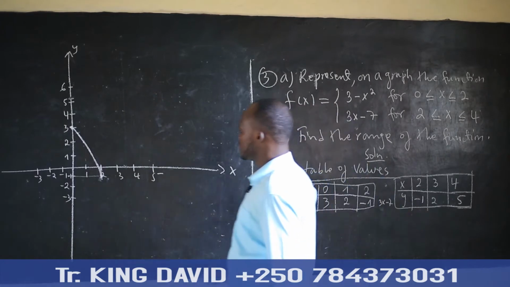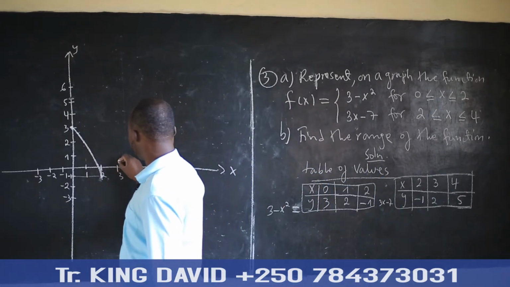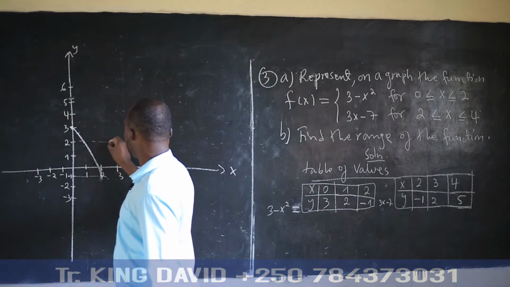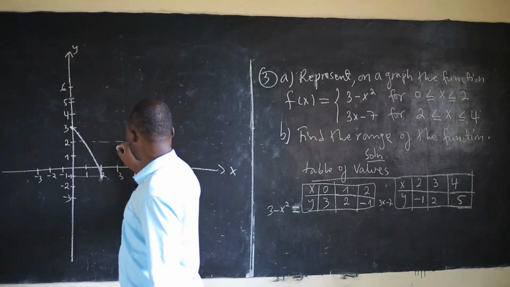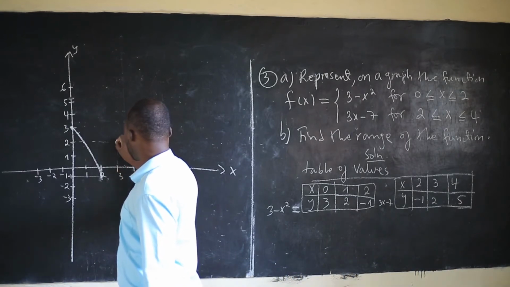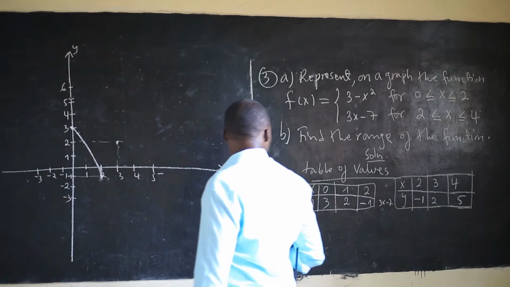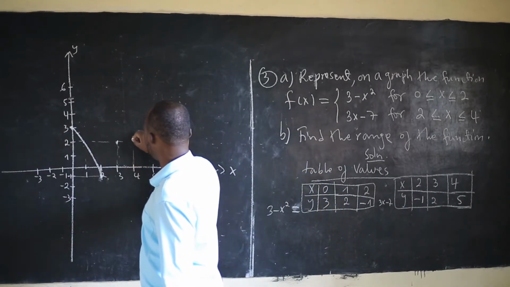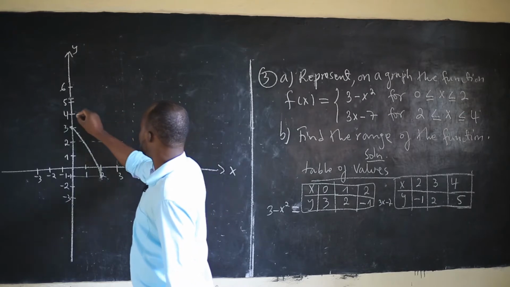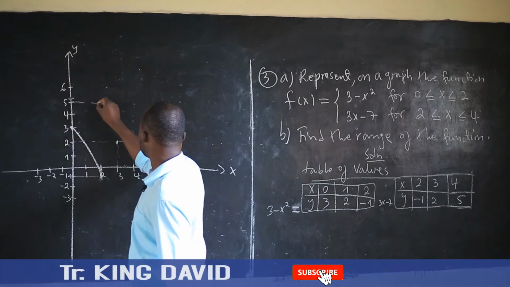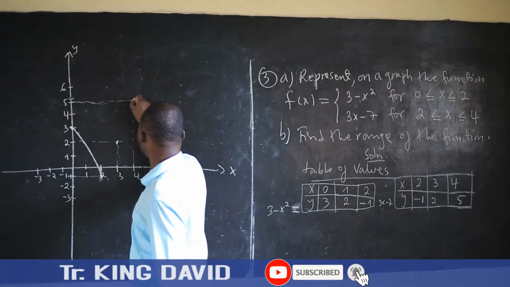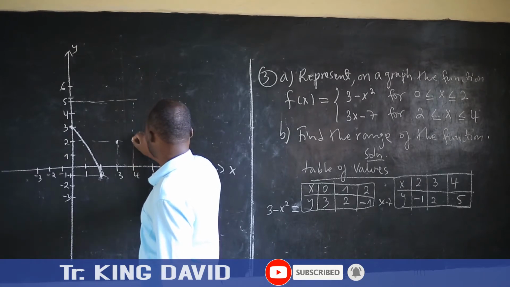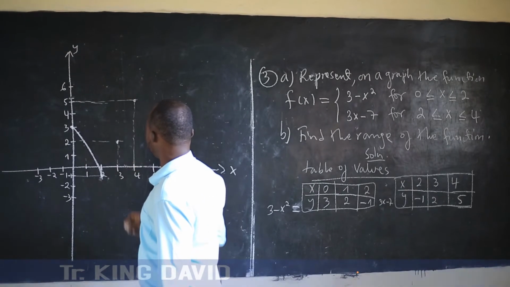For 3, where do we have 2? It is here. For 4, 5, it is there.